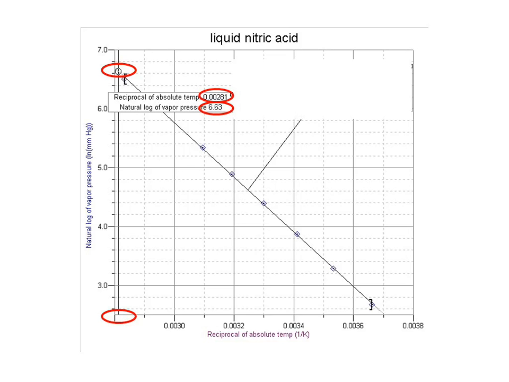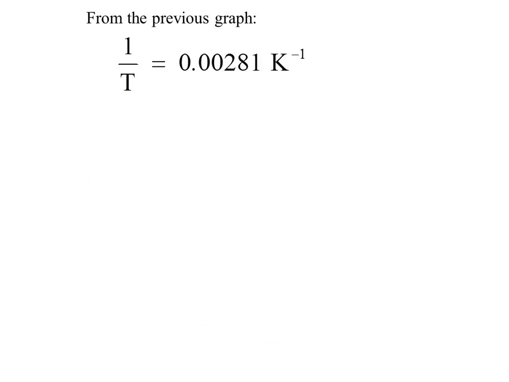So that's what's done right here. The x-axis value for the inverse of the temperature is 0.00281, picked off of Graphical Analysis or Logger Pro. To knock out what the real temperature is, we got to take 1 over that.